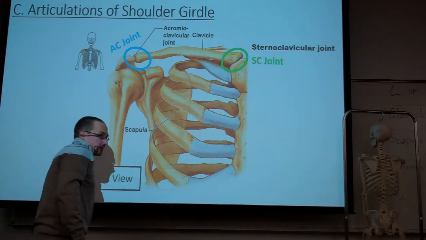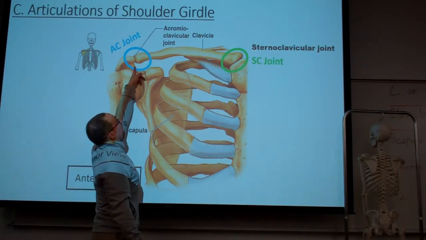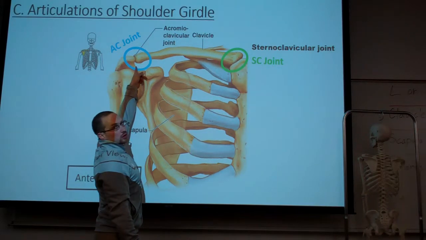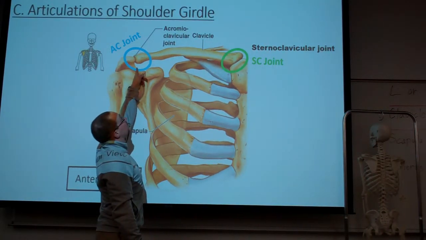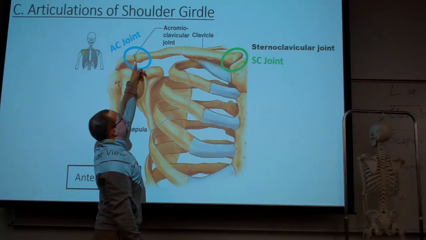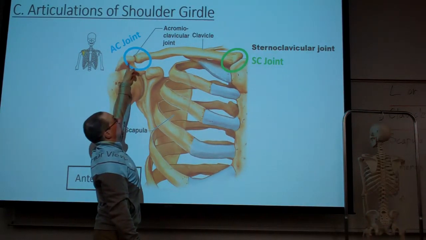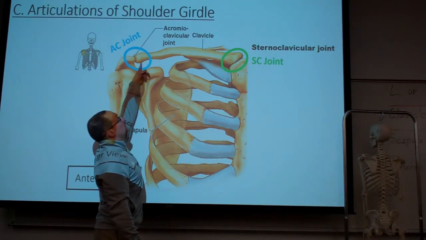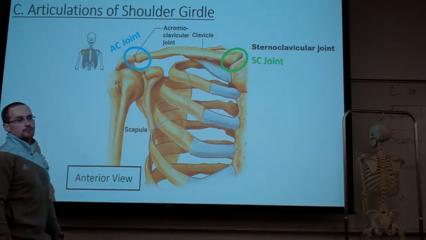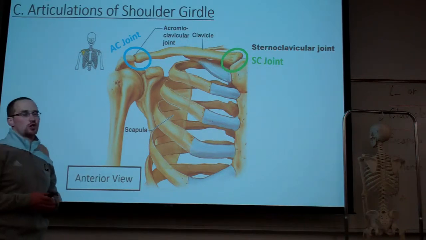At the acromion end, if you get really fancy here, we call it the acromioclavicular joint, or the AC joint. Acromion end, because there's an acromion process, acromion end of the clavicle. Acromioclavicular joint. You can abbreviate that as the AC joint.